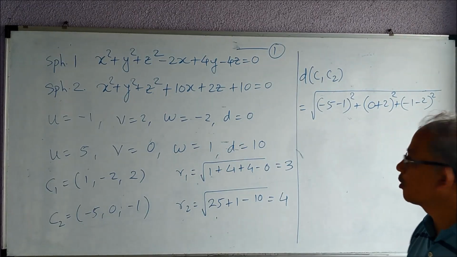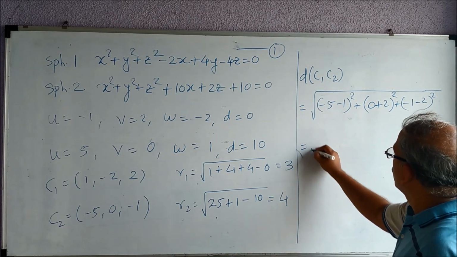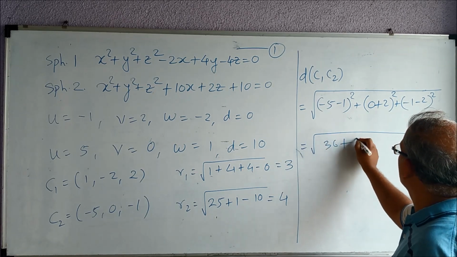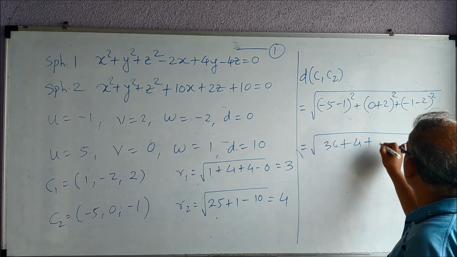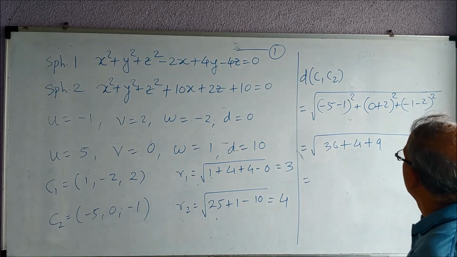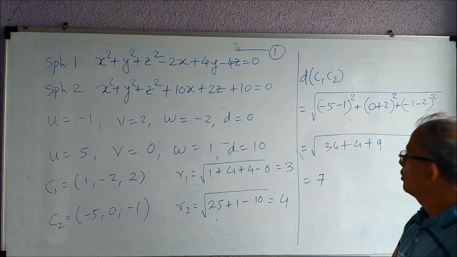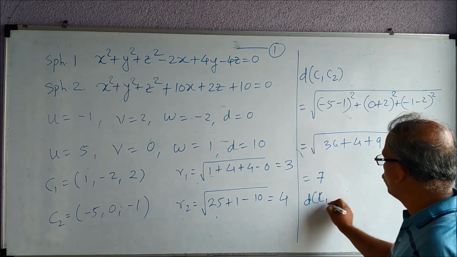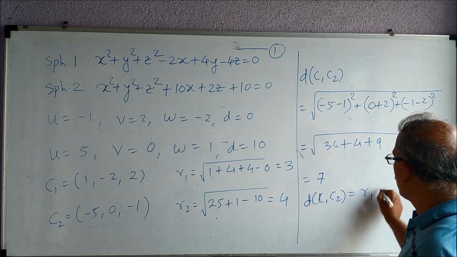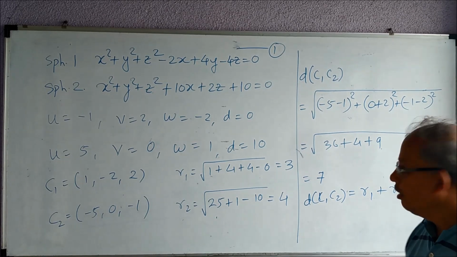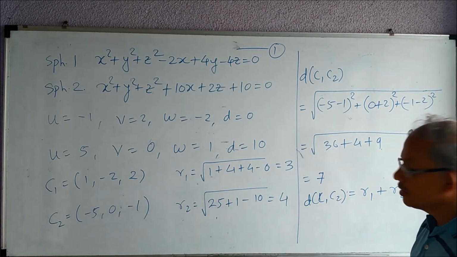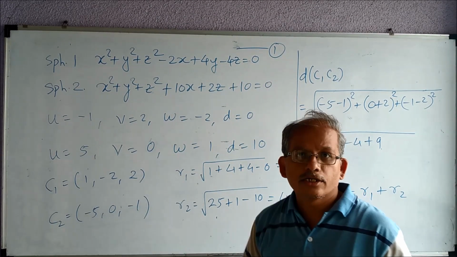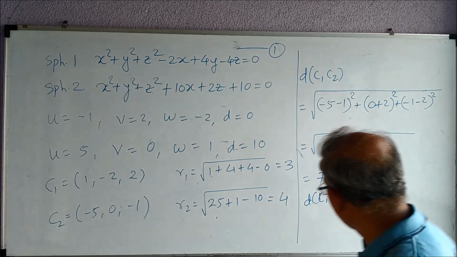It's a simple distance formula. That is equal to the square root of 36 plus 4 plus 9, so it is 7. Now you see that the distance C1C2 is exactly equal to R1 plus R2, as this is 3 plus 4 equals 7, and this distance is 7. So it means that these two spheres touch each other externally.